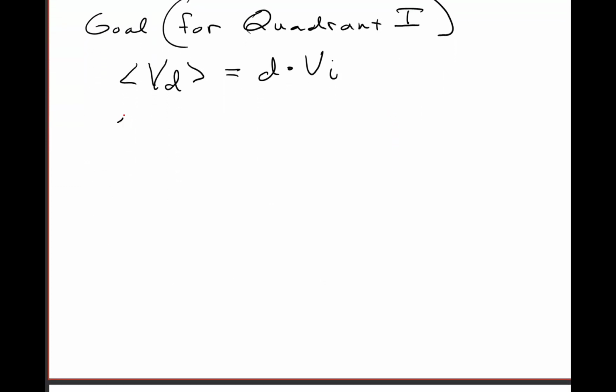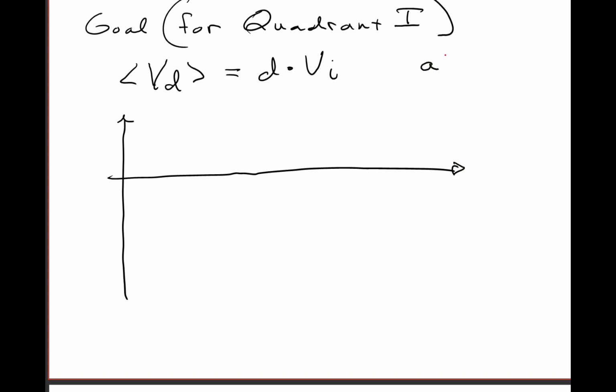So to do that, the simplest way to think about this is we're doing everything at the logic level, which is between 1 and negative 1. And what I'm going to do is have a triangle.